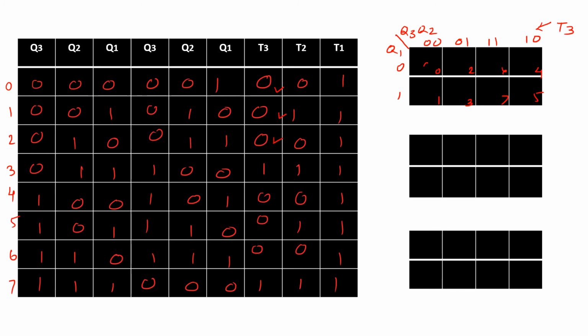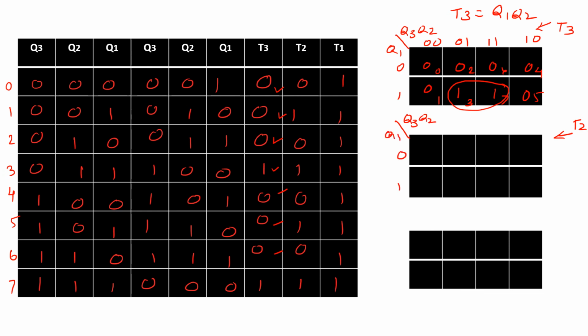If you see the T3, this is 0, 1 and 2. So all are 0. Now 3 is 1, 4, 5, 6 are 0 and 7 is 1. So we can make one pair out of it. So T3 is equal to Q1 Q2. If you go for T2, the same process will follow. This is Q3, Q2, this is Q1.